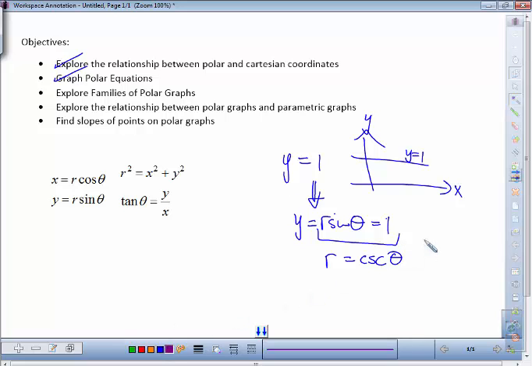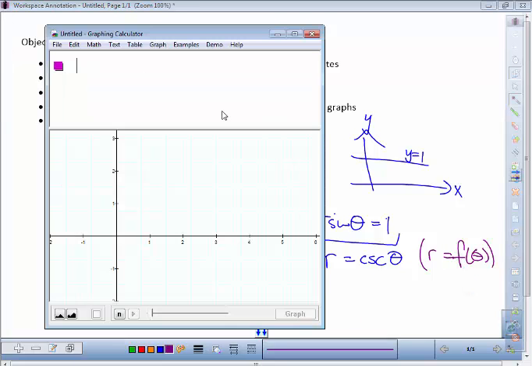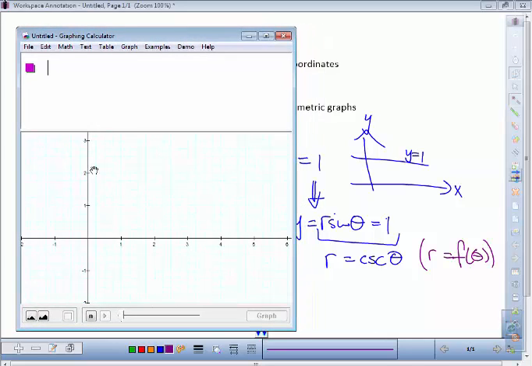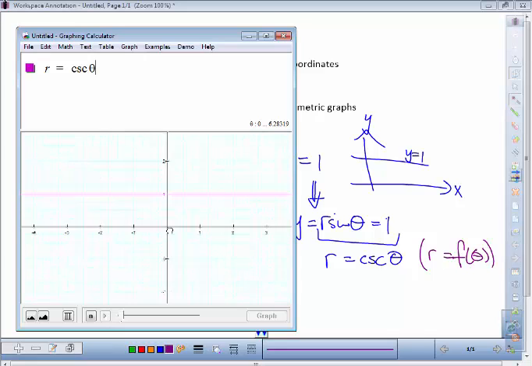So in general, we want r as a function of theta. Now, if we believe that, we should be able to write r equals cosecant of theta and be able to see a horizontal line. And there you go, horizontal line.